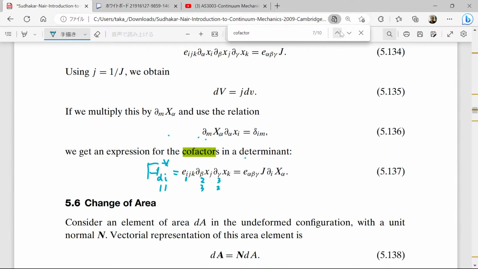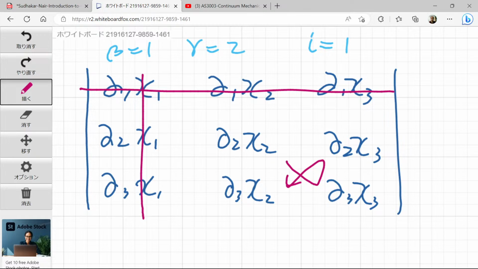So the question here is, JK has to be 2 and 3. So I think this is okay.